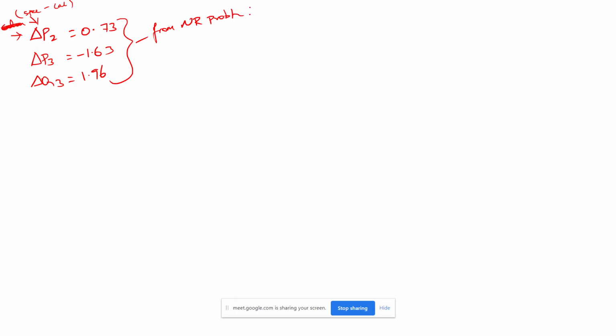Okay, and what are the rest of the things we have done? So from the question we have found out what B11 is equal to B22 is equal to B33. What is this B11, B22, B33? Just take the values from Y bus itself. From Y bus itself we will get these B values and all.